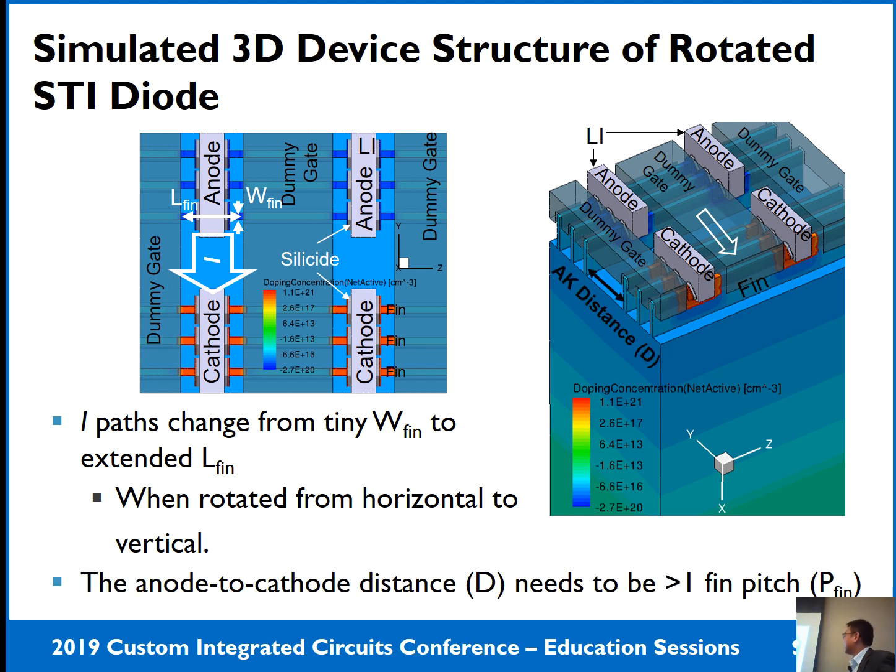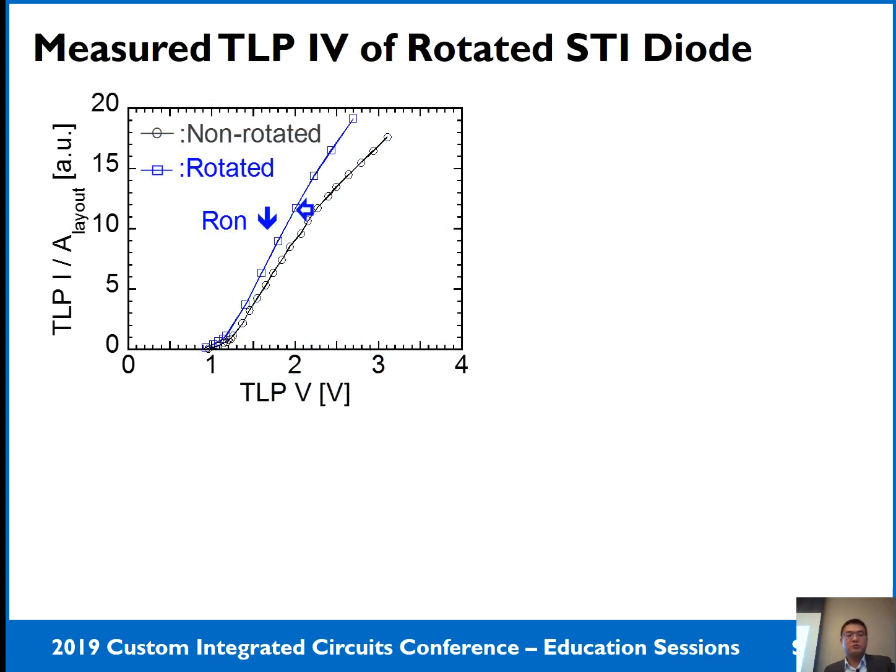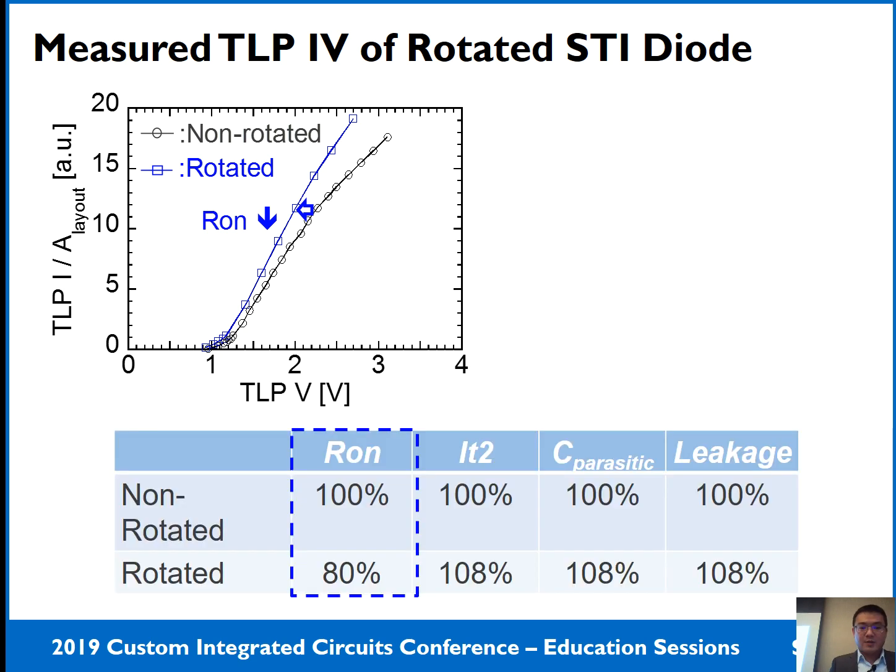One thing I need to mention here: the distance between this anode fin group and the cathode fin group needs to be larger than one, in order to prevent the different fin groups from being merged by the epitaxial structure or shorted by the local interconnect layer. Then the real simulation result showed that the R can be reduced by around 20% with this rotated STI diode.